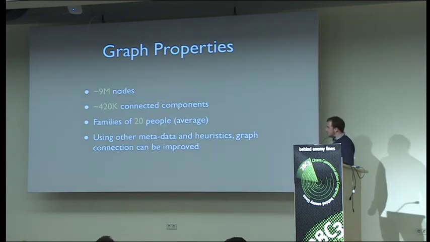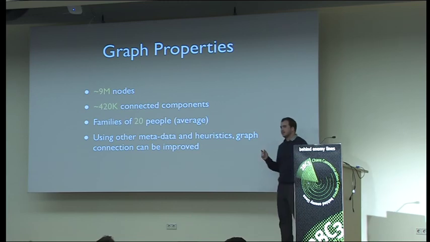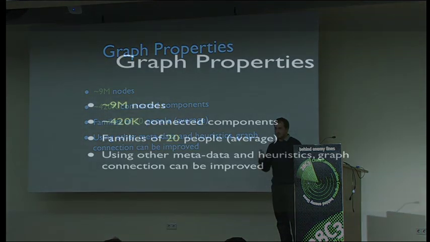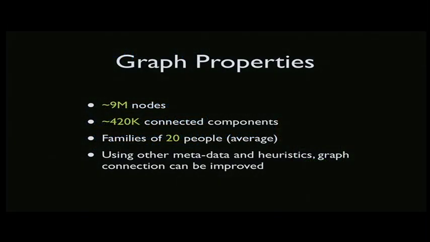Okay, so what does this graph look like? So like I said, we have approximately 9 million nodes, and using this data only, the strict foreign keys that we use, we get approximately 420,000 connected components, which if you divide it by the nodes, it's an average of families of 20 people. So essentially, using this data only, we can build a graph of families of up to 20 people and then span relationships from there.